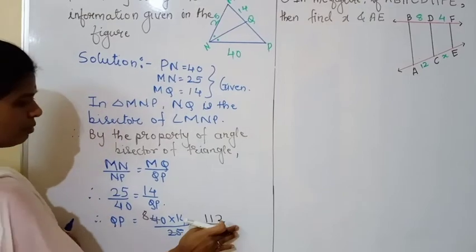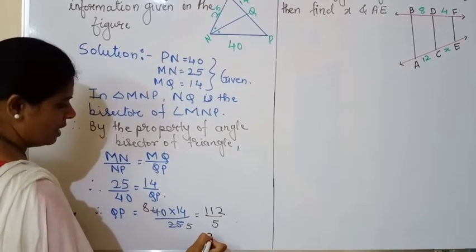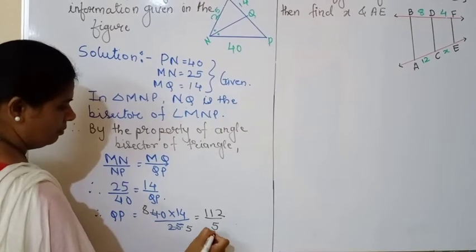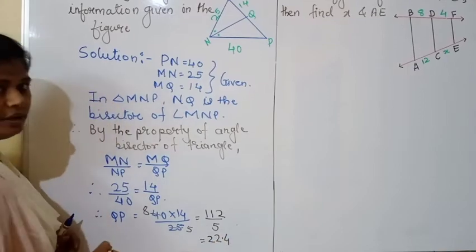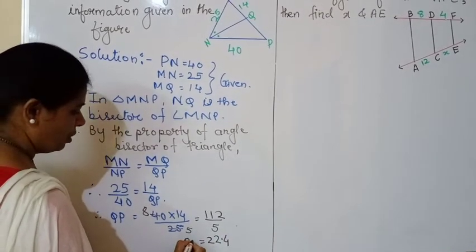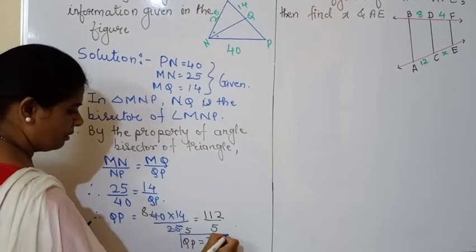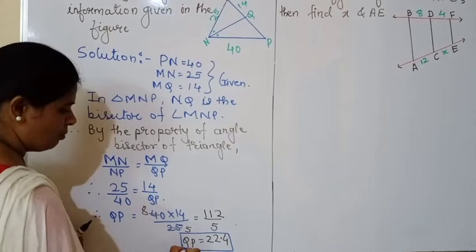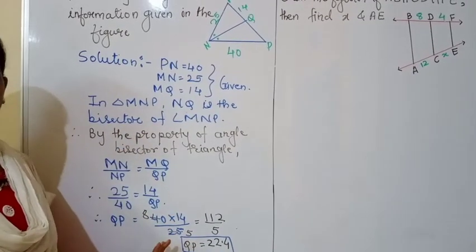If we divide 112 by 5, 5 2s are 10, 5 2s are 10, again 5 2s are 10 and 5 4s are 20. So we get 22.4. This is the measurement of QP. So by using this property of angle bisector we can find the value of QP.